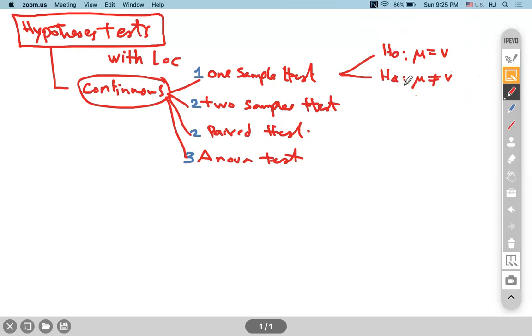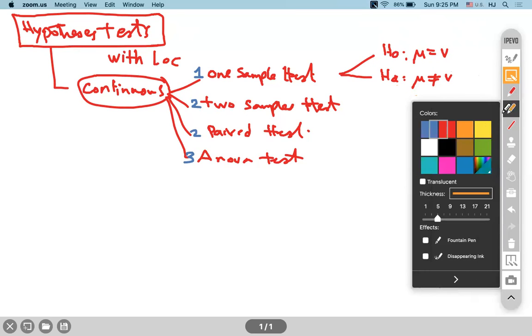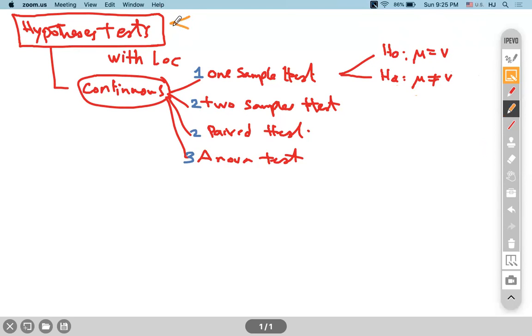We have the null hypothesis, which is the situation which we assume we have right now, and we have the alternative hypothesis, which is something we want to test. This could be greater than, less than as well. And we explained, if you remember guys, when we talked about hypothesis tests, that these tests can be classified into 3 different types.